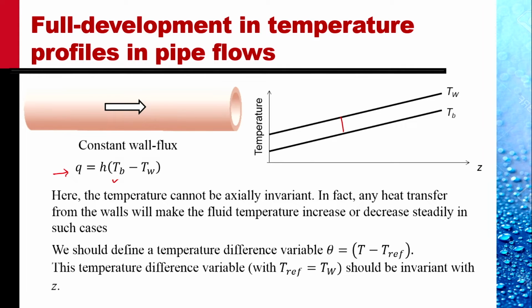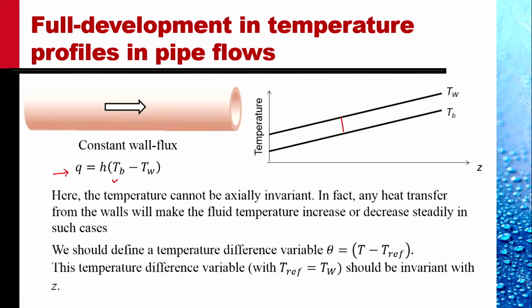We could define a temperature difference variable theta equal to T minus T reference. The temperature difference variable with T reference equal to Tw should be invariant with Z. Now recall again that when you look at heat transfer equations, it is not the temperature that occurs there, it is a temperature difference that occurs there.